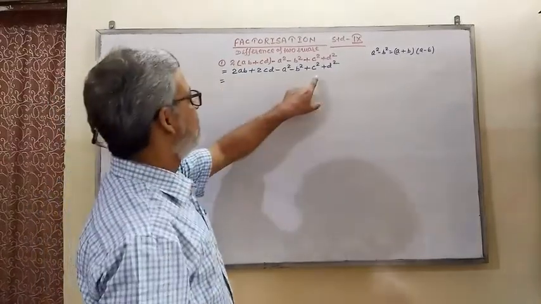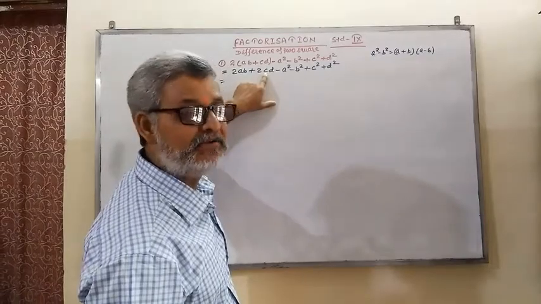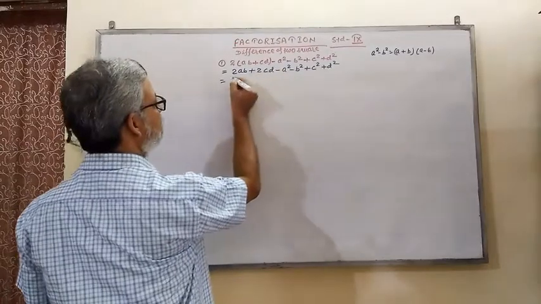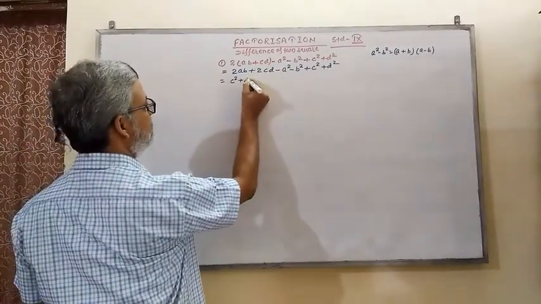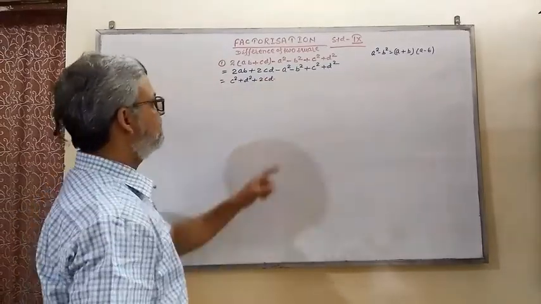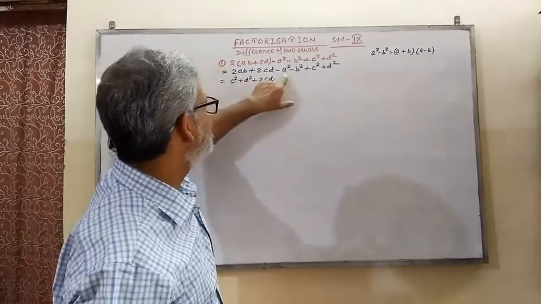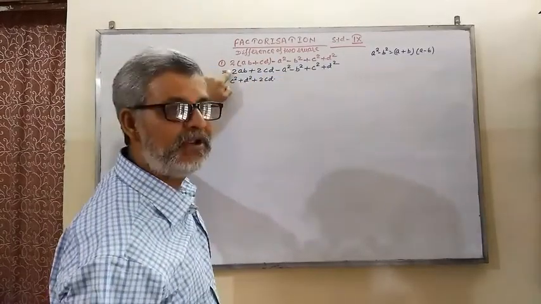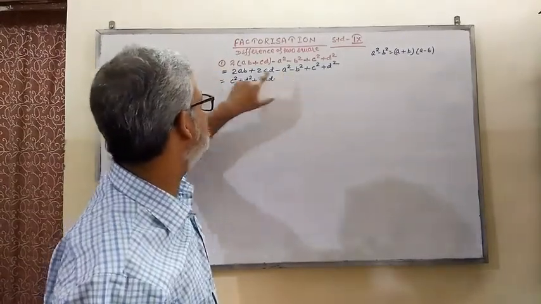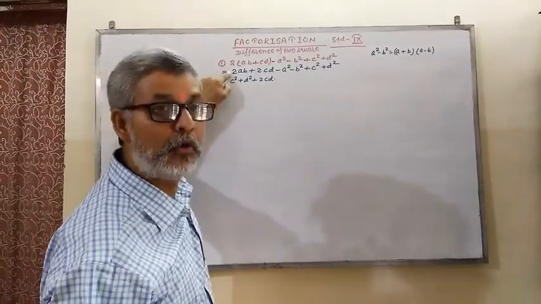Now you can see c square plus d square plus 2cd can be written as c plus d whole square. So these terms, you write down together: c square plus d square plus 2cd. After that, minus a square minus b square plus 2ab. It is not the identity as it stands, but a square plus b square minus 2ab has the identity a minus b whole square.